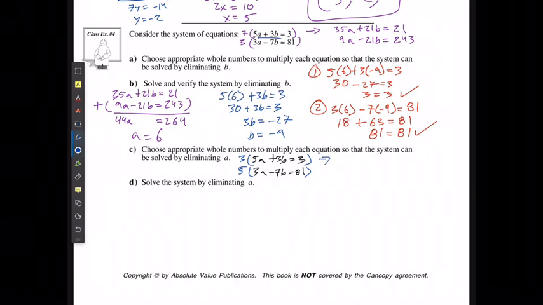So I'm going to wind up with 15a plus 9b is equal to 9, and 15a minus 35b is equal to 405.